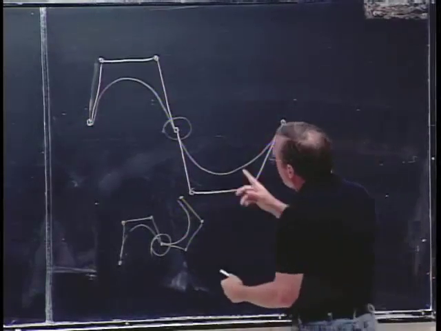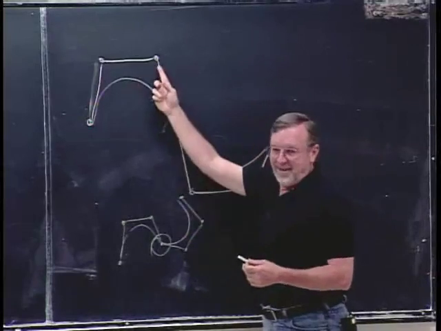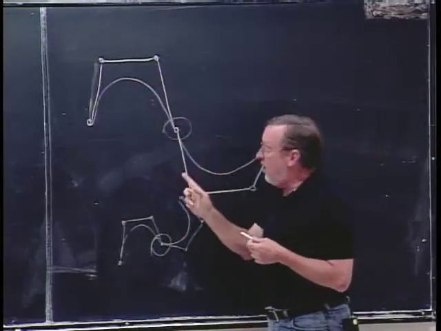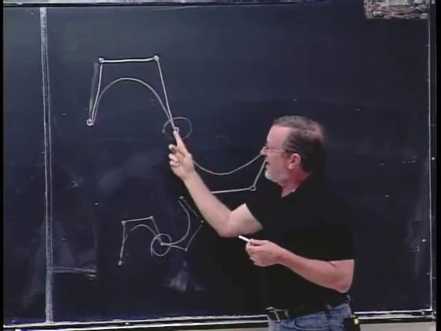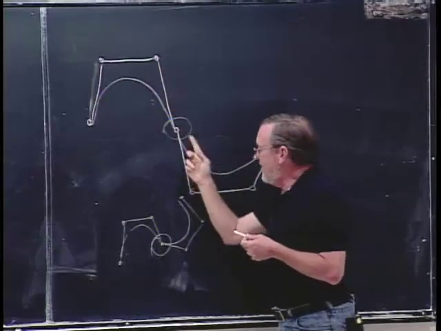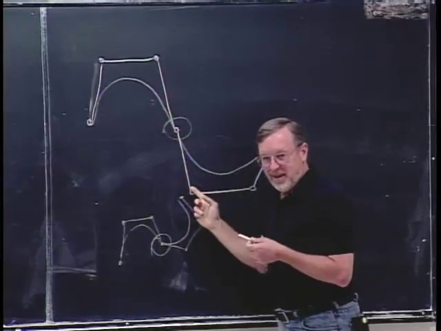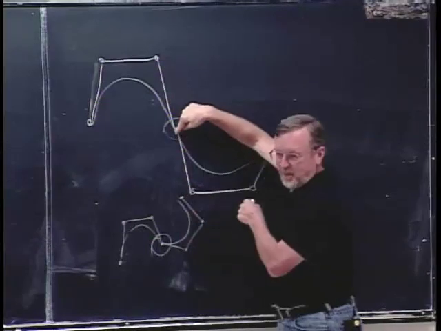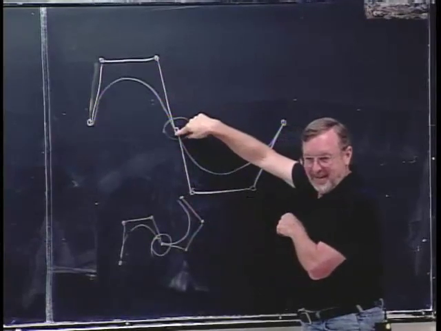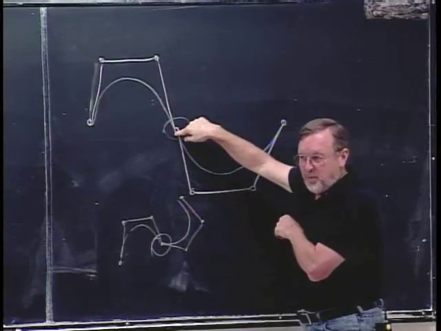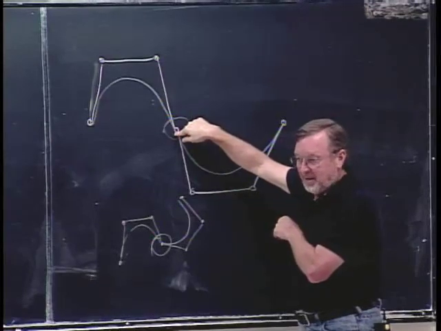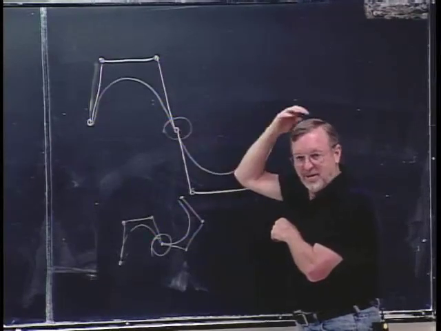And so you can see that in order to do this, you're going to have to exploit the fact that the tangent line here is parallel to this, and the tangent line here is parallel to this, right? And these 3 points better be collinear when you start stitching these things together, okay?